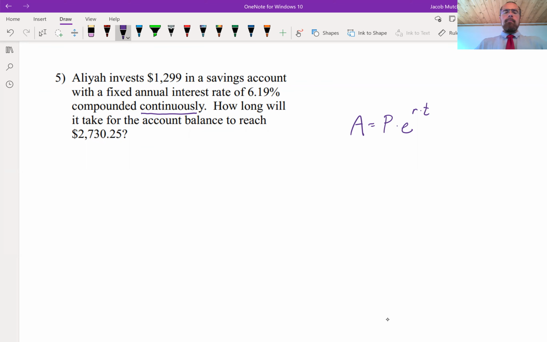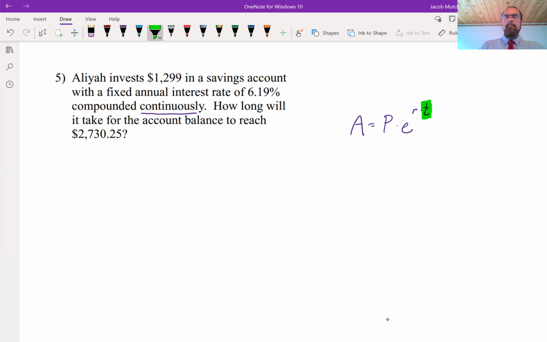$2,730.25. So when I think about what I'm trying to solve in this situation, I actually know my future amount. That's $2,730.25. I know the principal, I know the rate, I do not know the time. So it presents us with a challenge because my time is in the exponent.